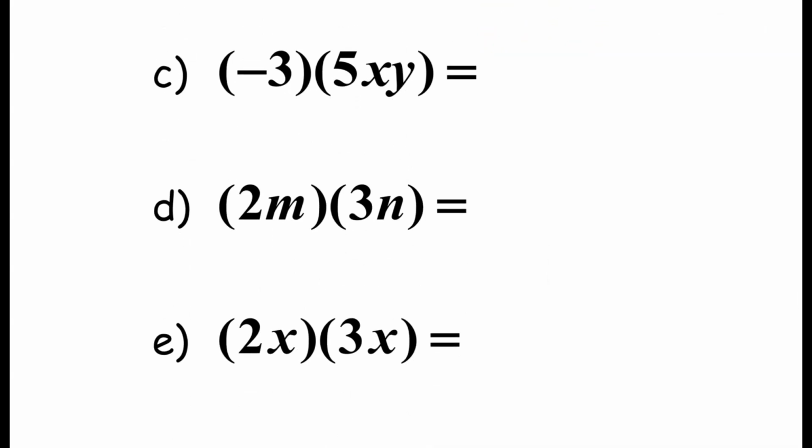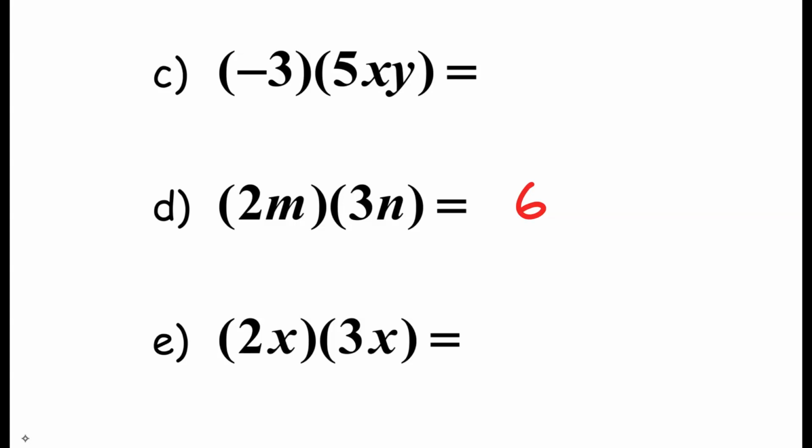For D, we now have 2 variables, so we have m and we have n. So we have 2m multiplied by 3n. So remember, the first thing that you want to look at is multiplying the coefficient. Now, 2 times 3 gets us 6, and m multiplied by n, well, they're different variables, so we can't add them together.